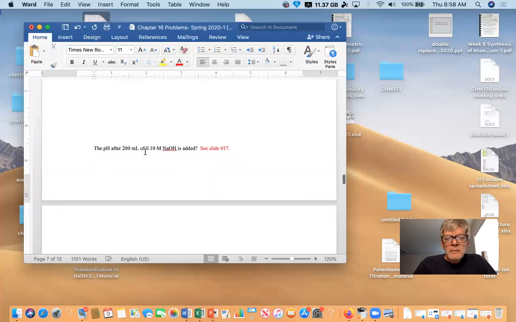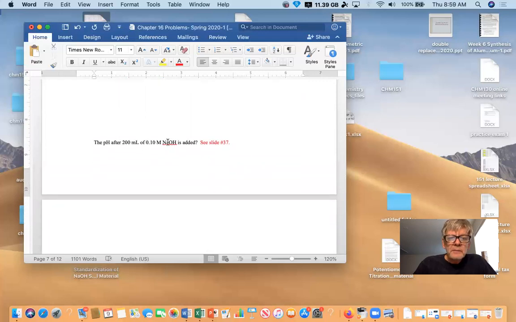Now then, we're going to add some strong base to it. And so we go in here and we would use our generic strong acid plus strong base goes to water. And we would do a start, react, left, in units of moles.